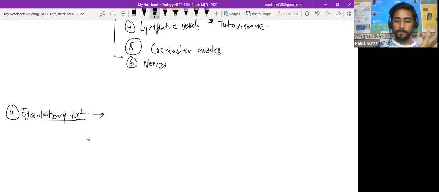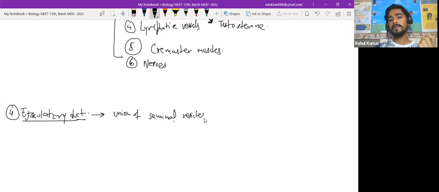Write down, it is formed by the union of the duct from the seminal vesicles and the vas deferens.